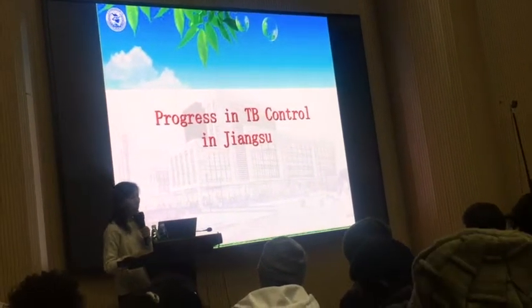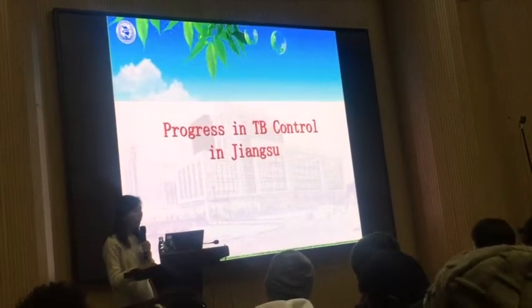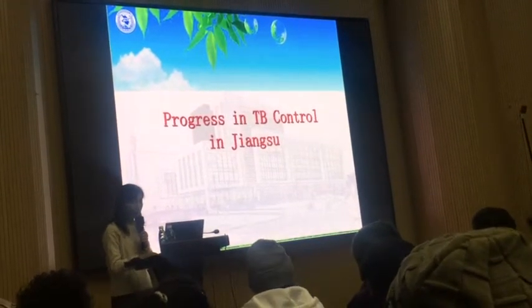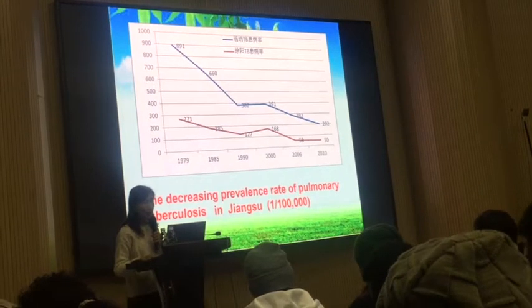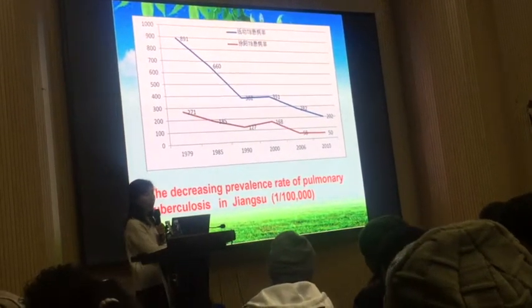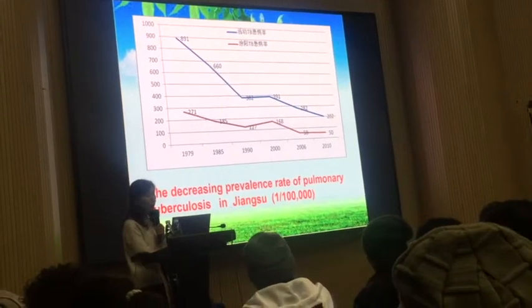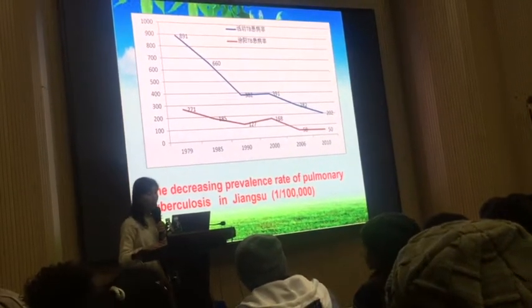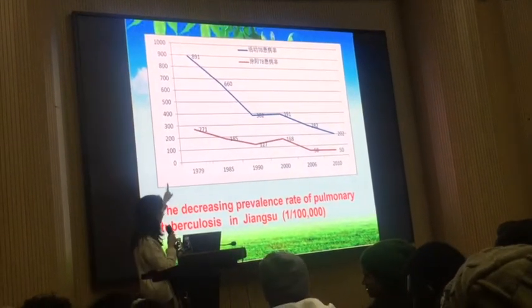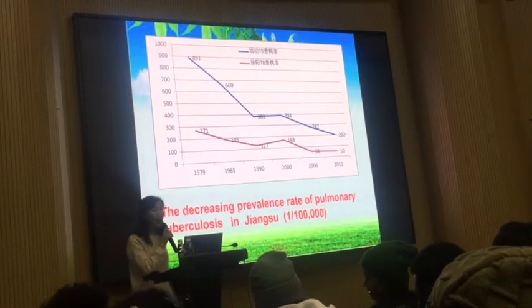And next, I want to introduce the progress in TB control in our province. This slide shows the prevalence rate of TB in our province. The blue line represents active TB.